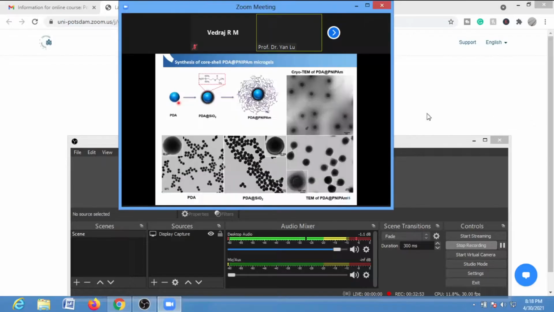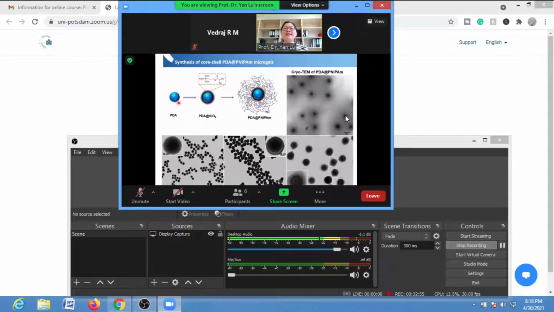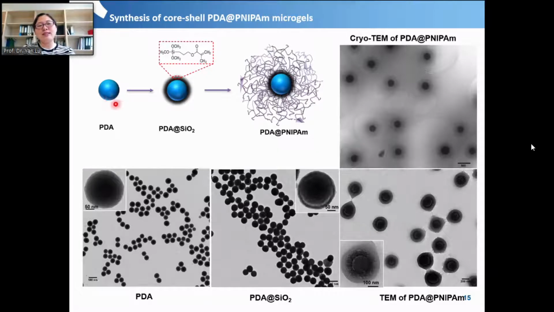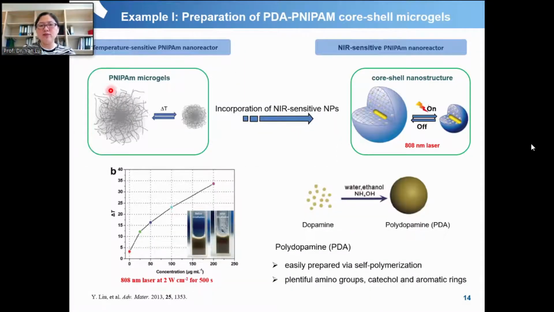For the polydopamine, one difficulty we have met is that it's difficult to use this directly as a seed for the seeded emulsion polymerization of the polyNIPAM, because the polydopamine has too many chemical functional groups on the surface, and it's impossible to do the surface polymerization directly.